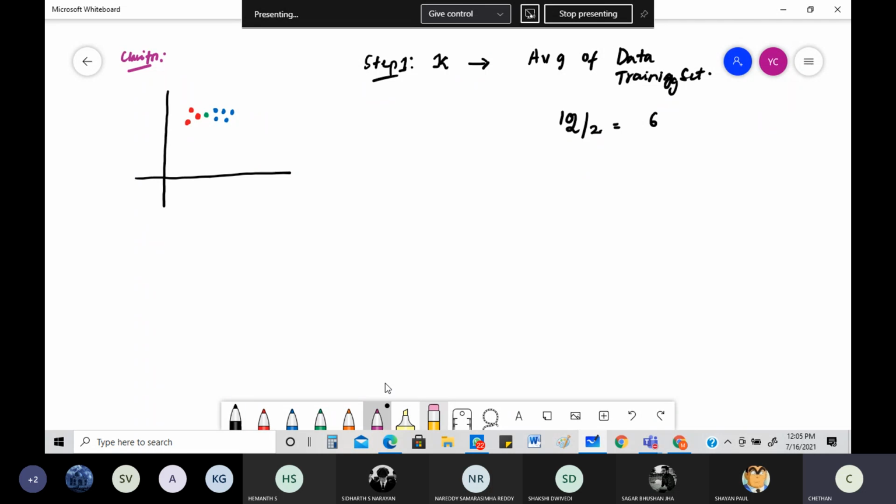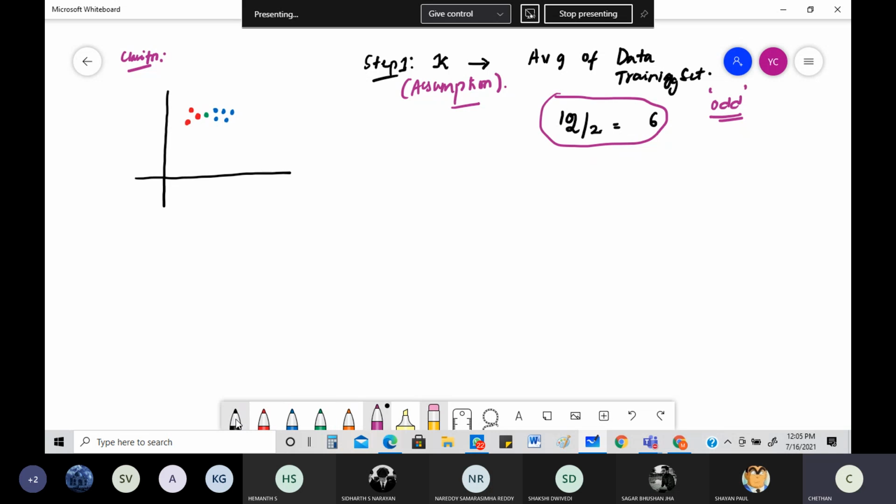But in good practice, you need to take an odd number for k, just to avoid any sort of confusion. It is generally an average of your training data set, but it is not necessary that it has to be like that. You can assume however you want. It will vary based on your inputs. This is very much your assumption. Figuring out your k is nothing but your assumption here.